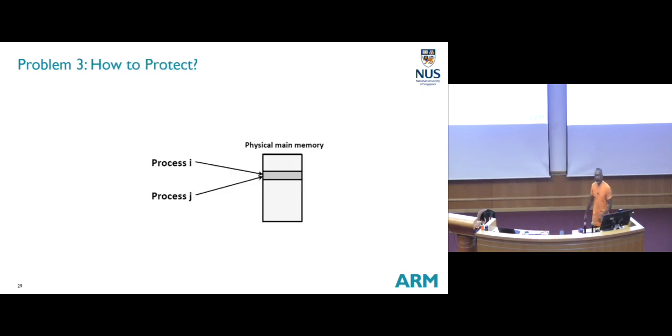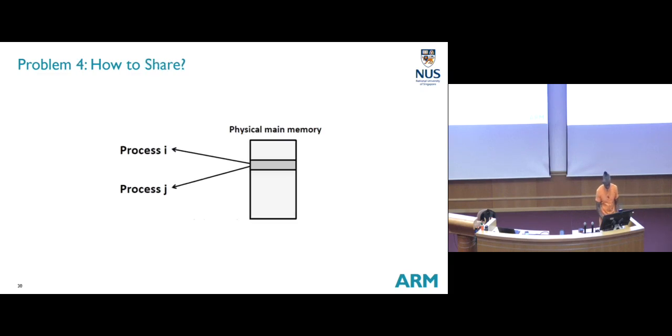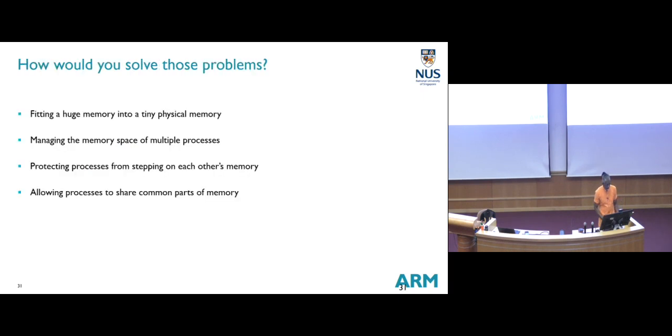Then there's also the issue of how to protect it. If 2 different processes try to access the same memory, can I protect it? And if I want to share, how to share? All right? So these are some of the things that give you a general overview of virtual memory.